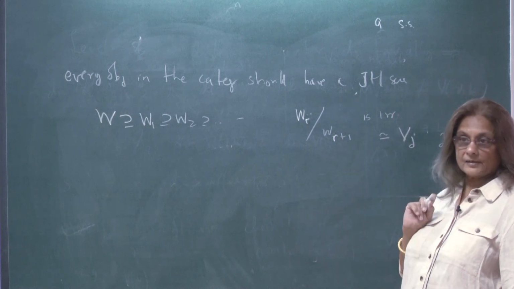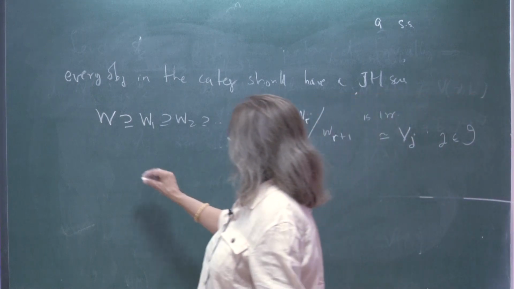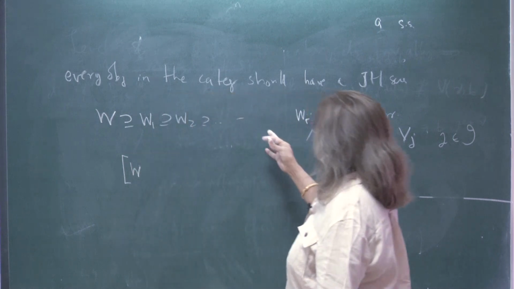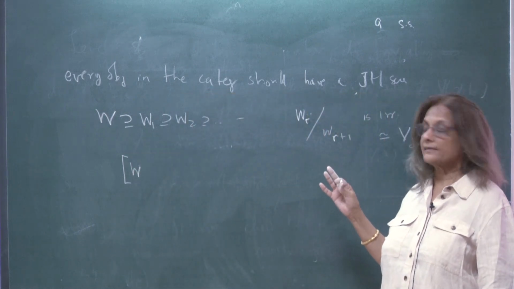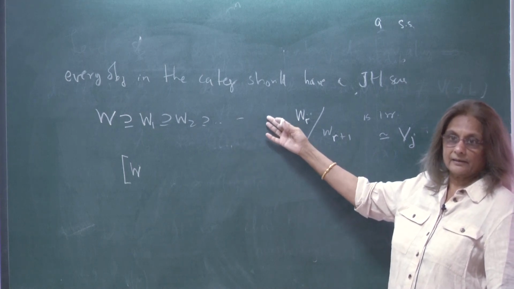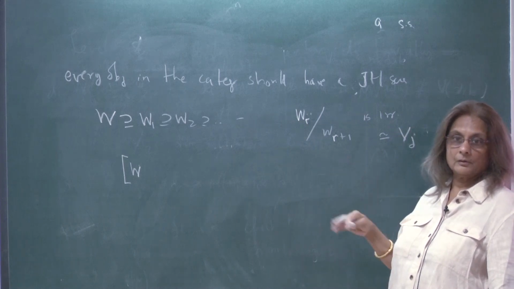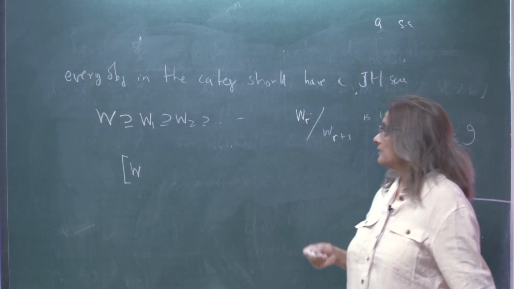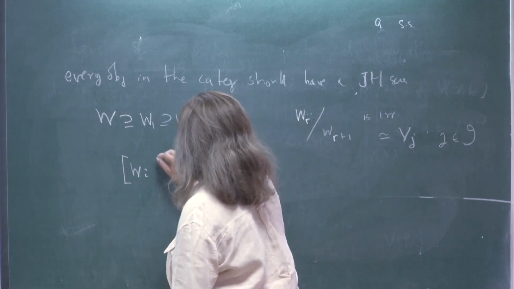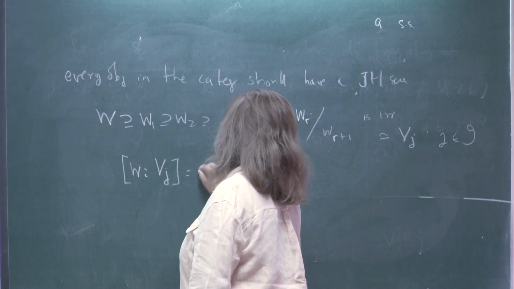So this is a Jordan-Holder series. Then one usually defines a number. This Jordan-Holder series should be well defined in the sense that if I take another flag, a decreasing sequence of submodules where the quotients are irreducible, I'm going to get exactly these up to permutation. So then I can define a nice number: the number of times an irreducible module occurs in this Jordan-Holder series.